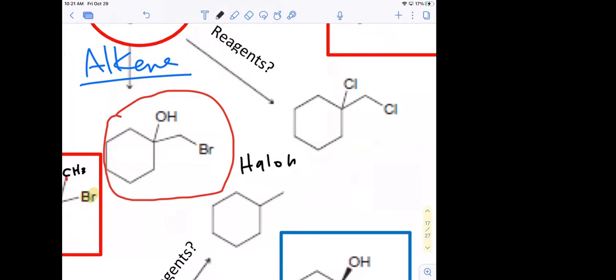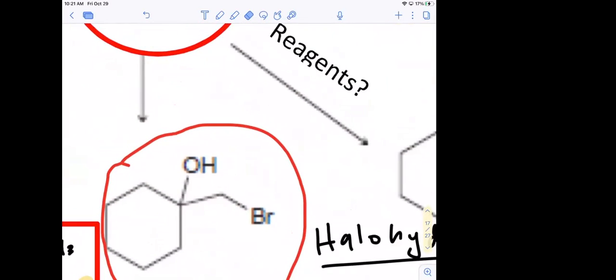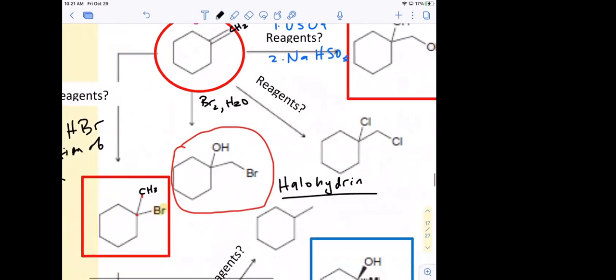What reagents would you use for that? Br2 and water. Man, y'all just made my Friday. We're going to use bromine and water. Excellent. And that's a halohydrin, right?